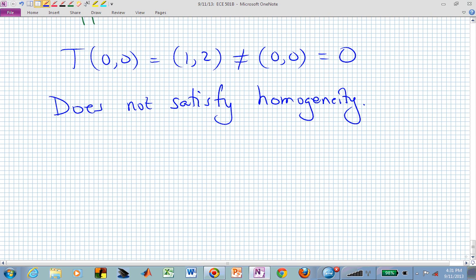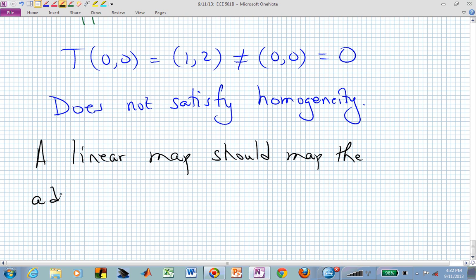Meaning that's really what's going on here, one way of viewing that. If a map is linear, then it should satisfy homogeneity, which we can show via this additive identity property. A linear map should map the additive identity onto itself.